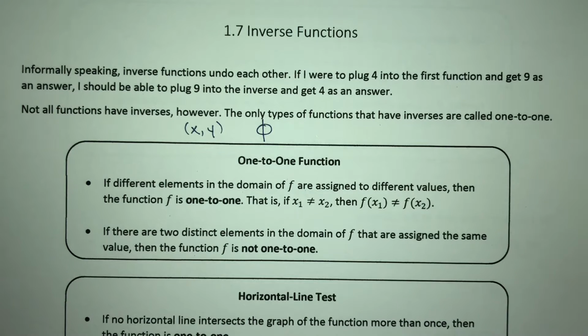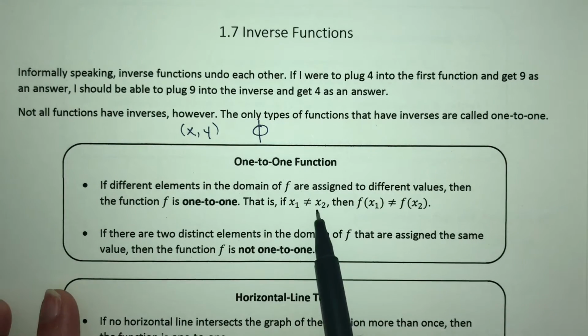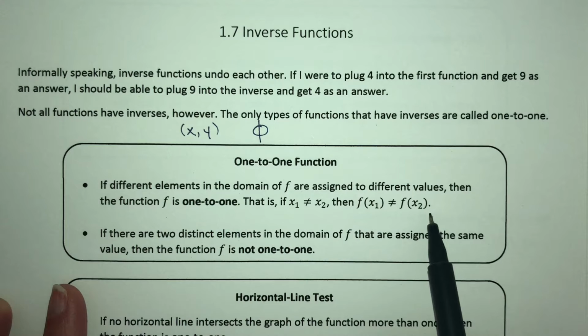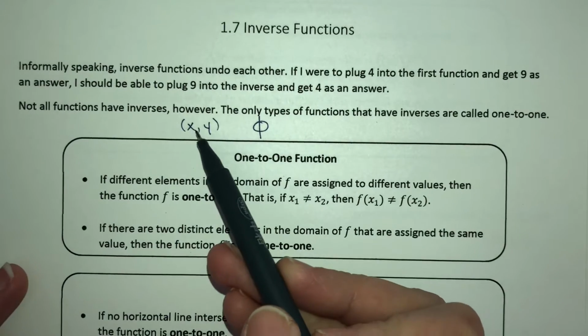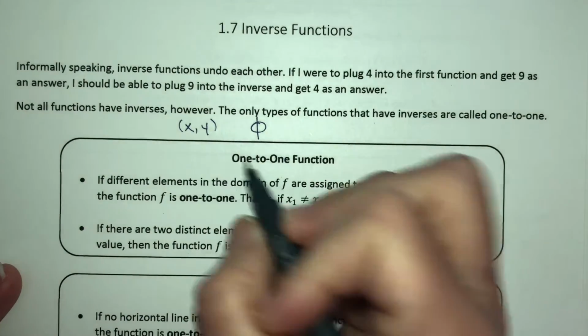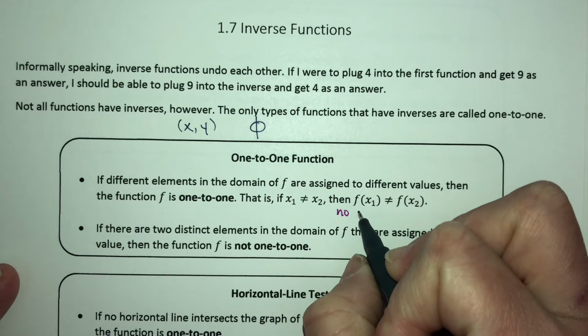Formally, if different elements in the domain of f are assigned to different values, then the function is one-to-one. So if our x values are not the same, our y values are not the same. Another way of thinking about this is that for a function, you cannot have a repeated x value, and in order to be one-to-one, you have no repeated y values.